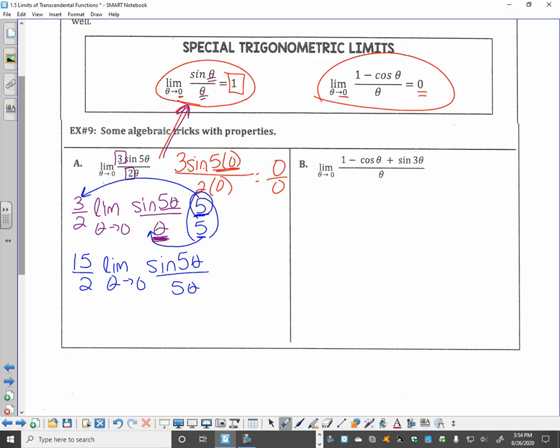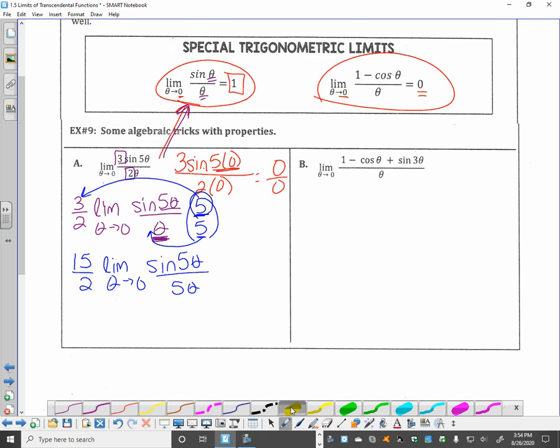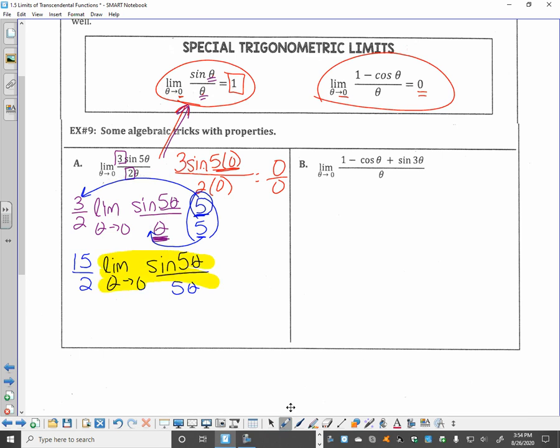Now, look at what you have. You look at this. That is exactly that. So this whole thing goes to 1. And 15 over 2 times 1 is 15 over 2.